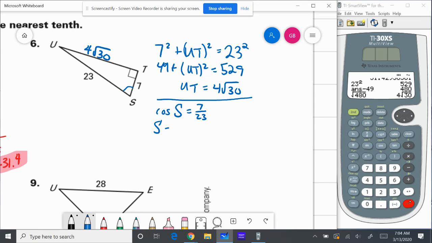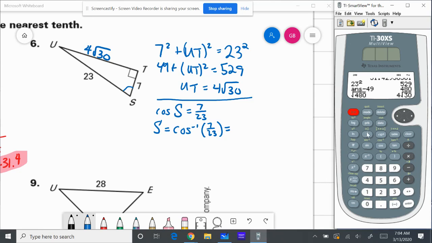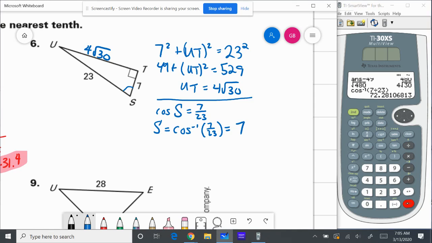So that means that S is equal to the cosine inverse of 7 over 23. And that's equal to 72.2.